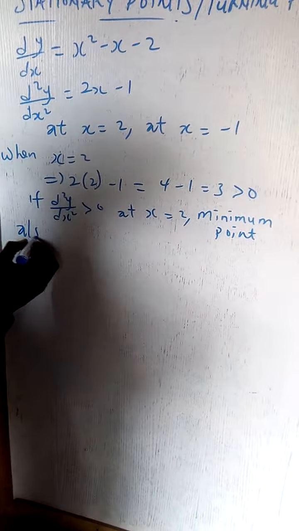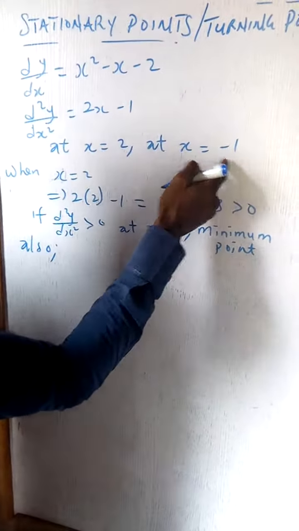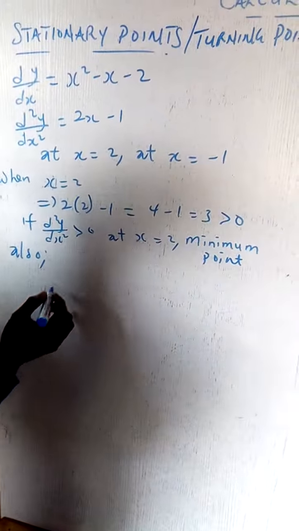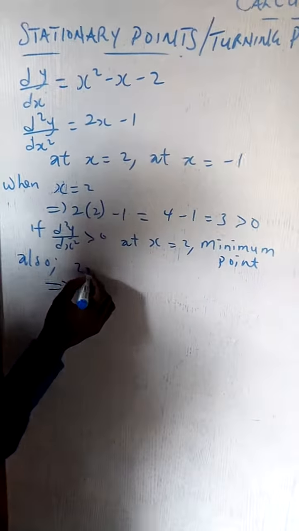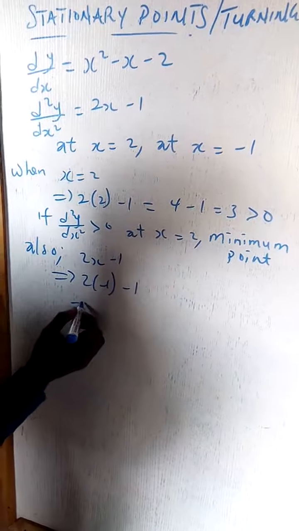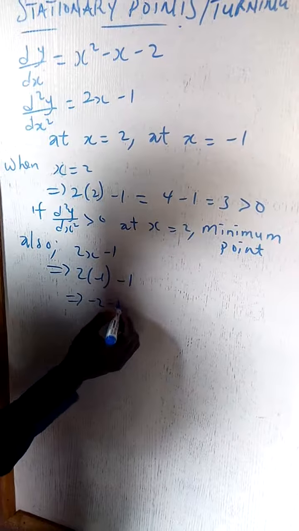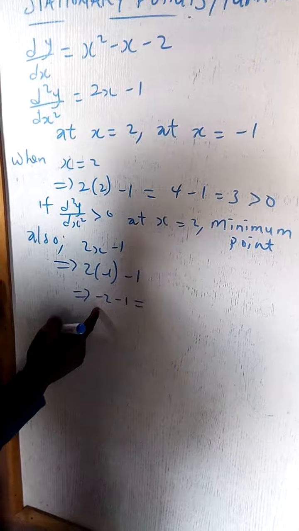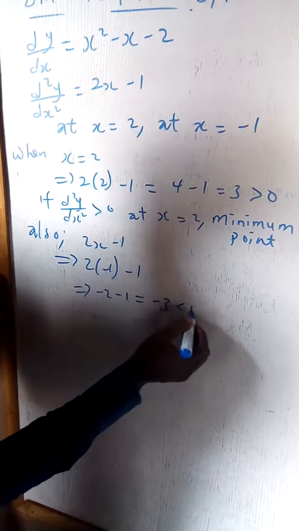Also, substituting for s at minus 1, we have 2s − 1, so 2(−1) − 1, which is −2 − 1. Then our answer is −3, and −3 is less than 0.